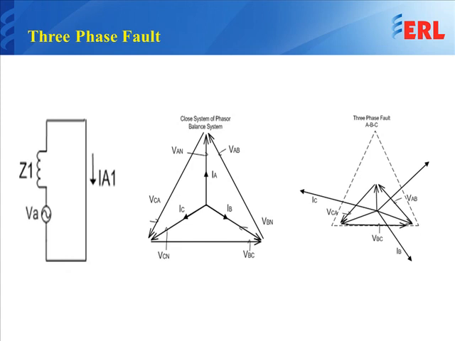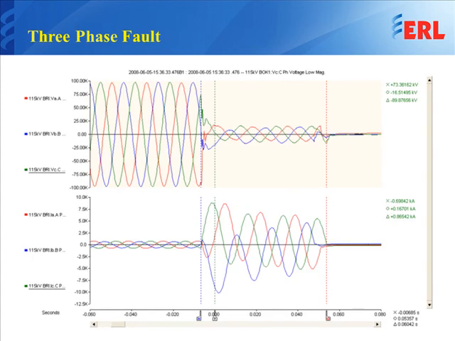For the voltages, all three voltages are reduced. So for voltage and current behavior, we should expect very similar things. Looking at the voltage waveform here, all three phases collapse, and for the current behavior, all three phases increase significantly.